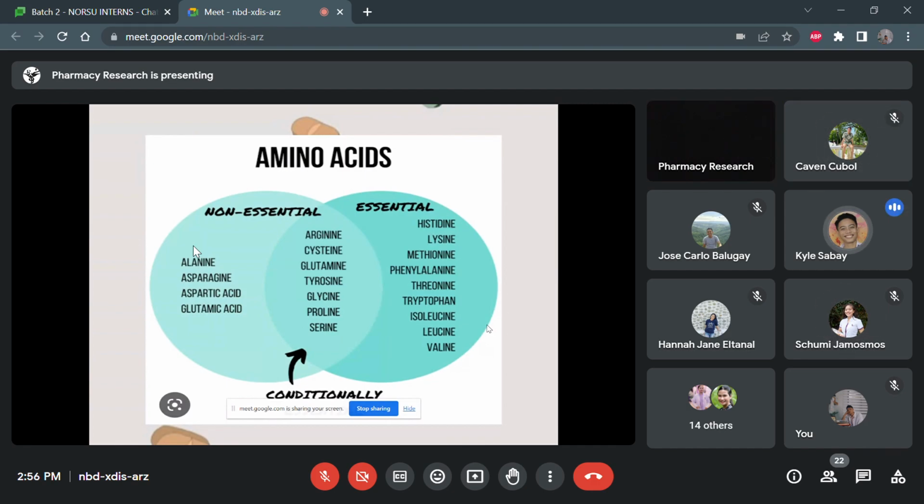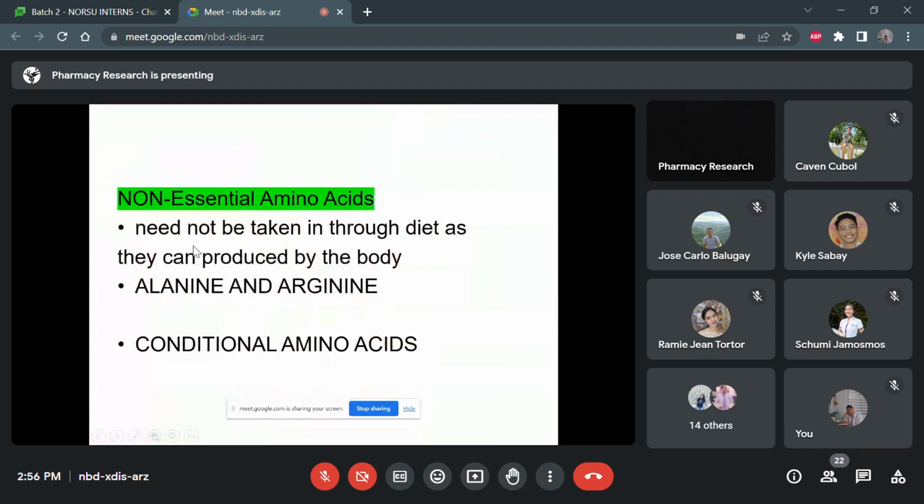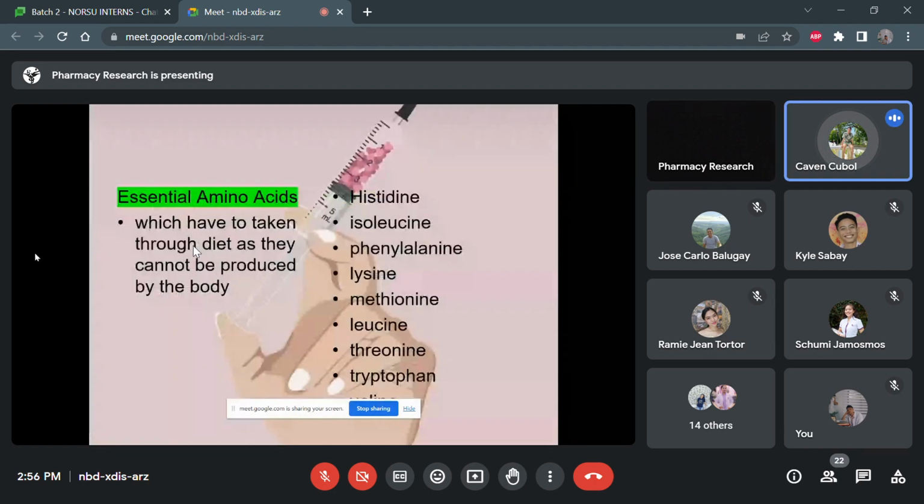Anyone? Kevin? Yes ma'am. Good afternoon ma'am. Kadungog ra? Yes ma'am. Nakuha ano acids? Sa mnemonics ra sa non-essential wala pa ma'am. Putol-putol gyud. Sige, akong usbon guys ha.